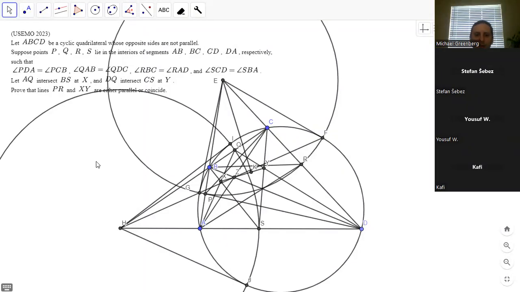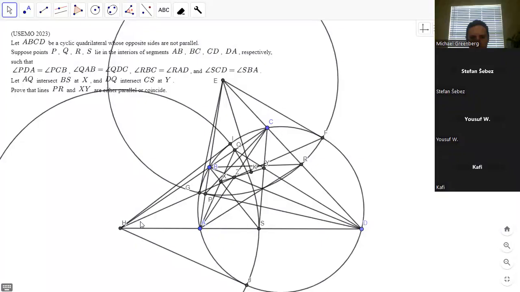Oh, it might just be an angle chase. Yeah, from what you're saying. Because HSQ we can calculate in terms of, because HSQ is isosceles, so we can just calculate that in terms of angle CHD. And then HSB.